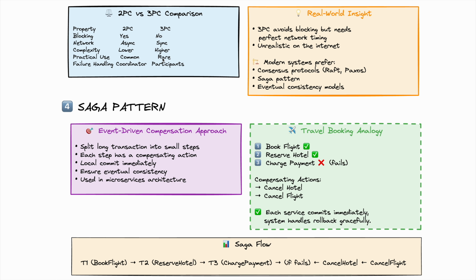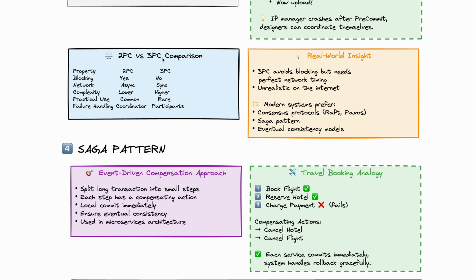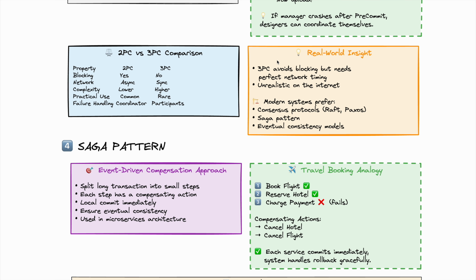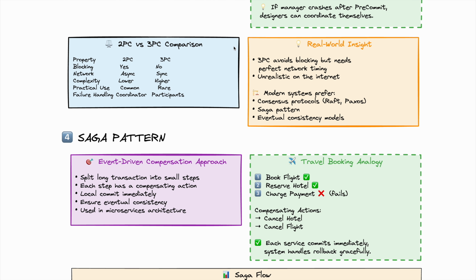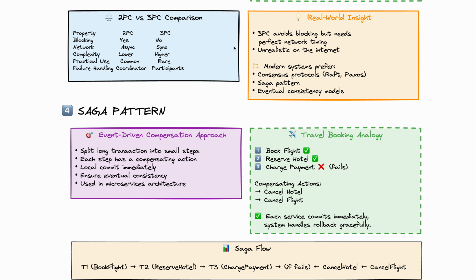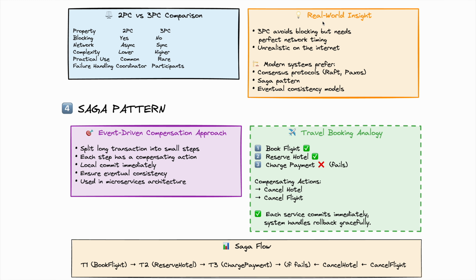The reason is that it's more theoretical than actual, because coordinating between each participant, in this case each designer, so that they can coordinate between themselves, is a huge amount of work, and the usage of the 3PC still remains very theoretical. So for a real world insight, 3PC avoids blocking but needs perfect network timing.